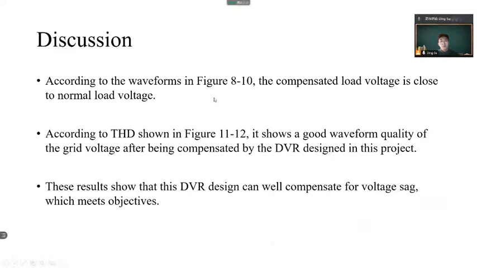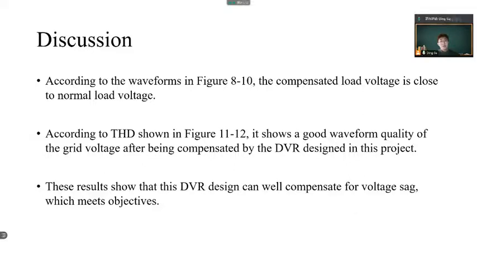According to the waveforms from Fig 8 to 10, the designed DVR can cope with different voltage sags in the grid in a short time, and the compensated load voltage is close to the normal load voltage. About THD analysis, it can be noticed that the THD of the load voltage compensated by the DVR is really small.